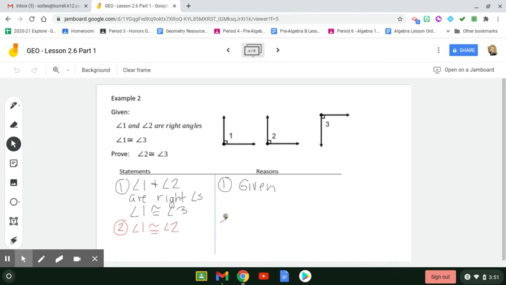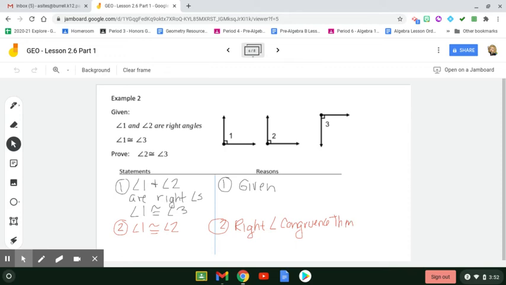And we're going to say that through the right angle congruence theorem. Okay, we said that because if we have right angles, automatically all right angles are congruent.